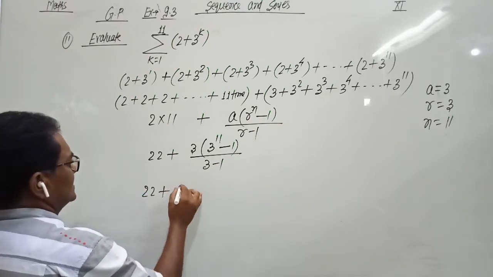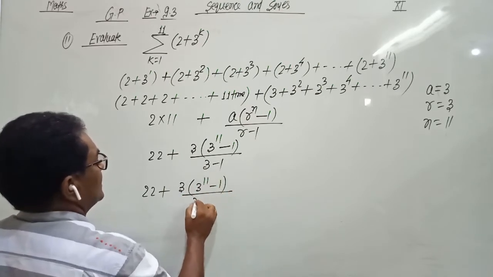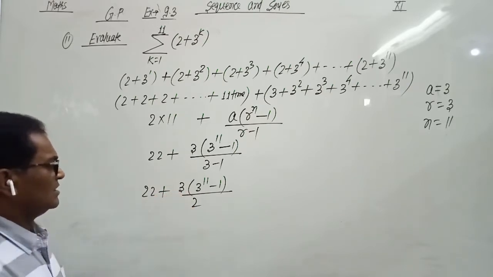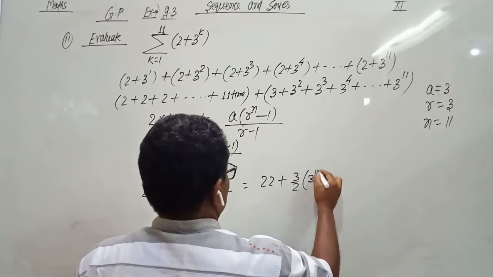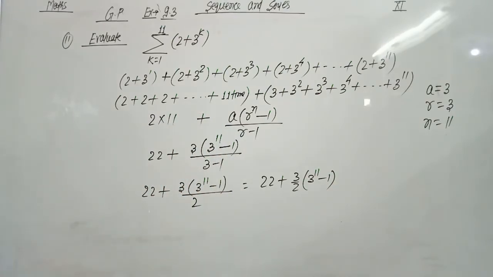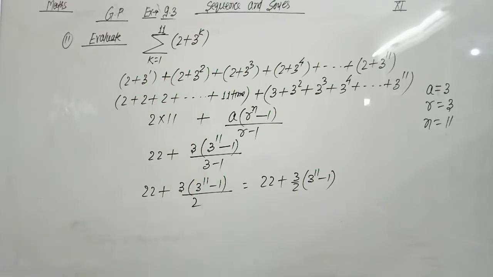So 22 plus 3 into 3 raised to the power 11 minus 1, upon 3 minus 1, which is 2. So 22 plus 3 by 2 into 3 raised to the power 11 minus 1. This is the sum of 2 plus 3 raised to the power k, where k is from 1 to 11. There are a total of 11 terms, starting from 1.